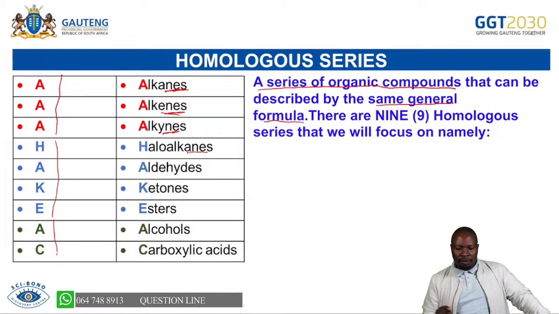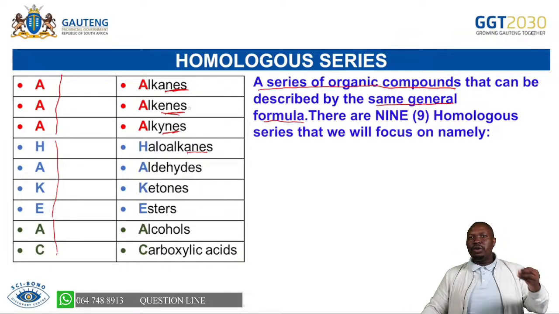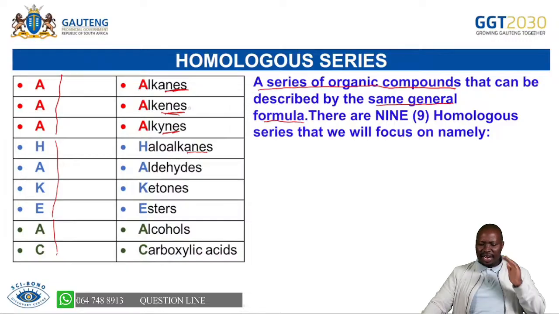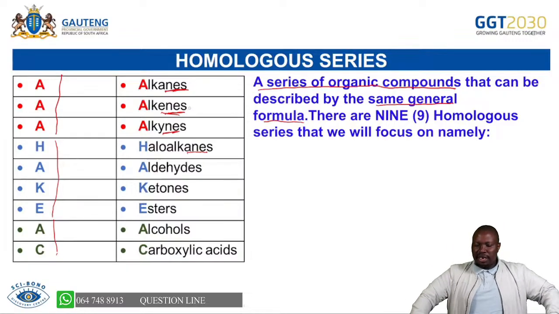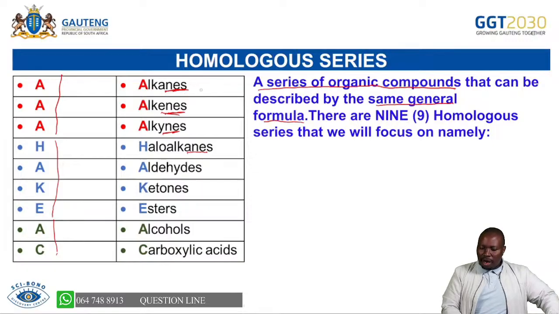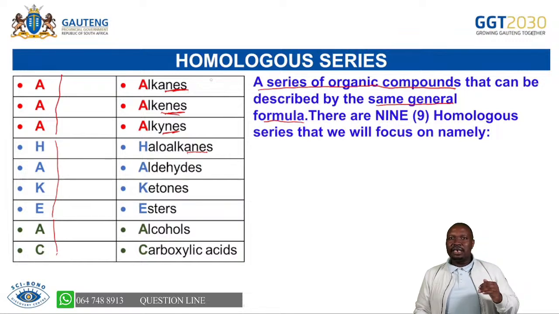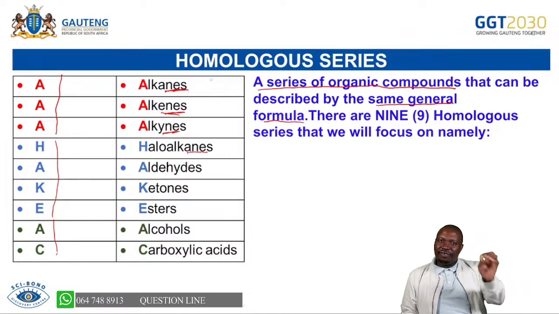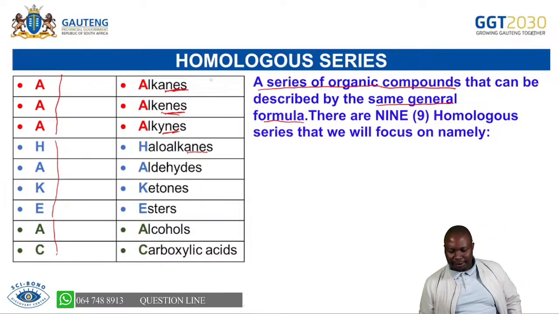And all alkenes have the same general formula. We're going to deal with the general formula so that you understand the general formulas of all 9 homologous series. Within a homologous series, the general formula is the same. So the difference between alkanes and alkenes, for example, is the functional group that differentiates all these 9 homologous series. I hope you got that.